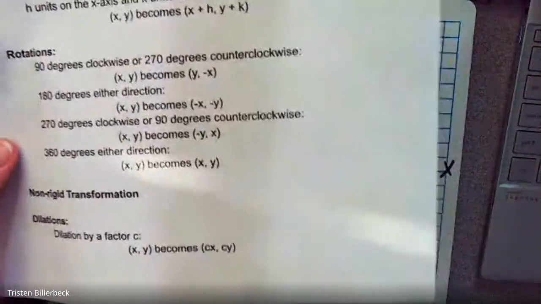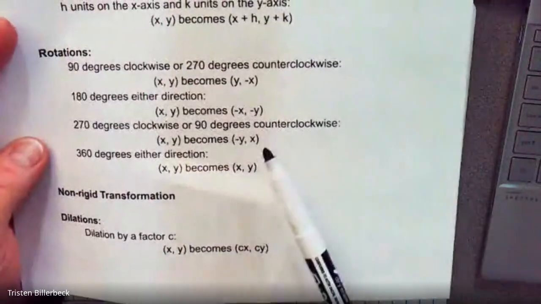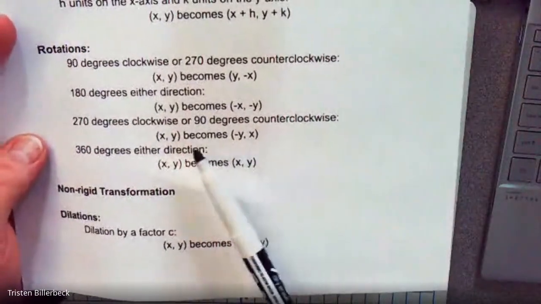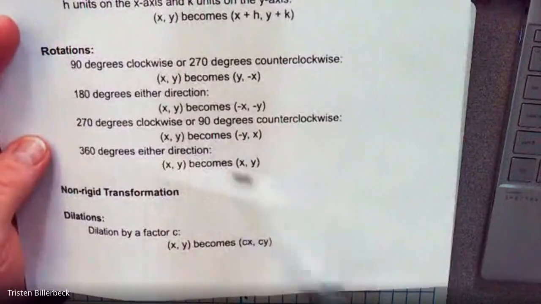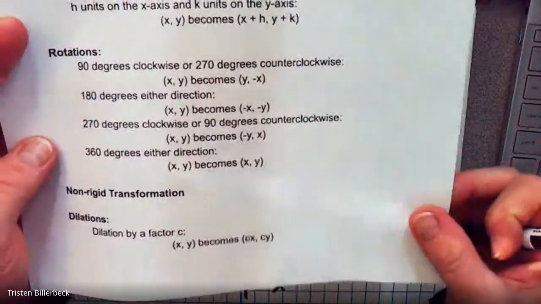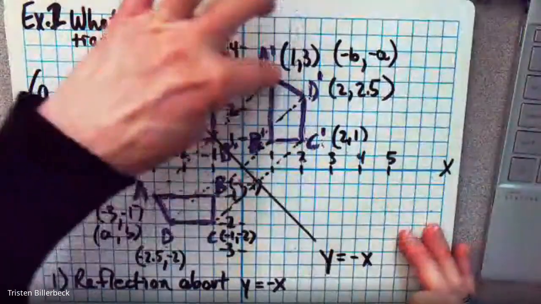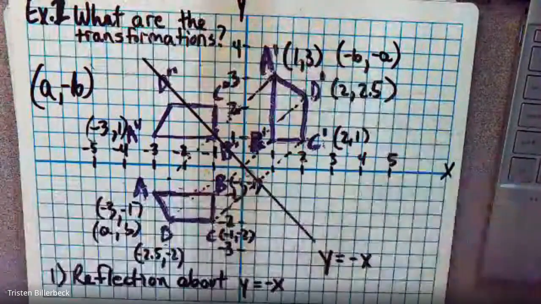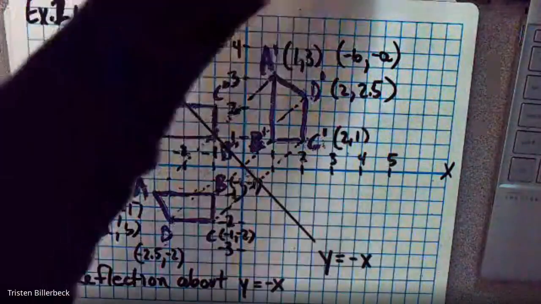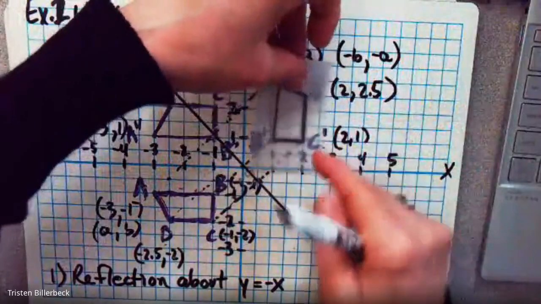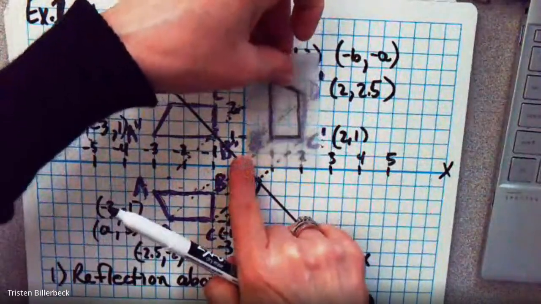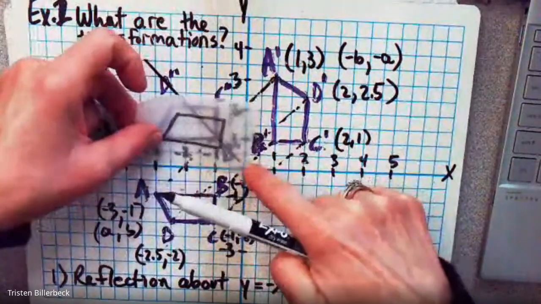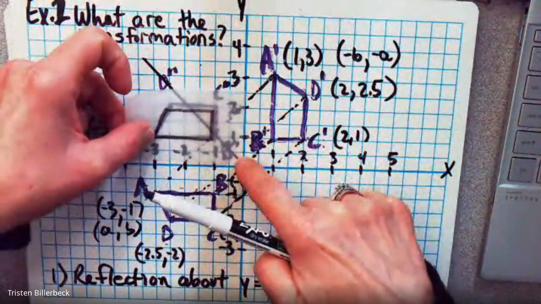So if it's (x, y) and then it becomes (y, x) with a negative, that's a 270-degree clockwise rotation or 90 degrees counterclockwise. We can see that if we had this right here and we rotate clockwise, it would rotate right onto itself.